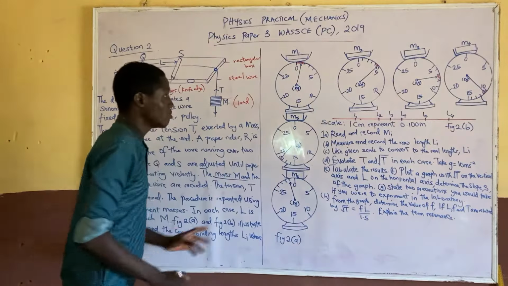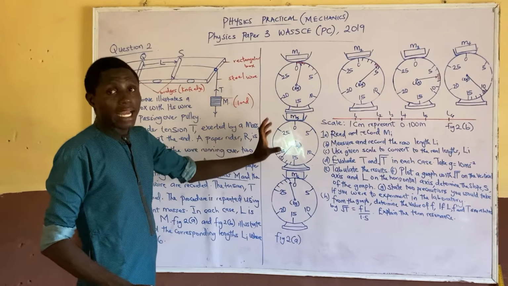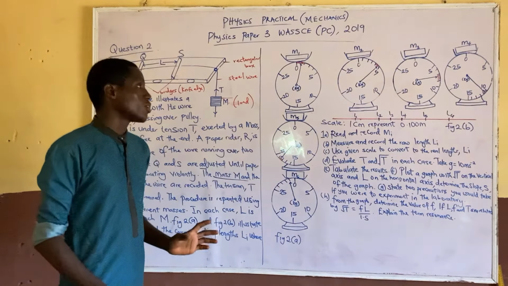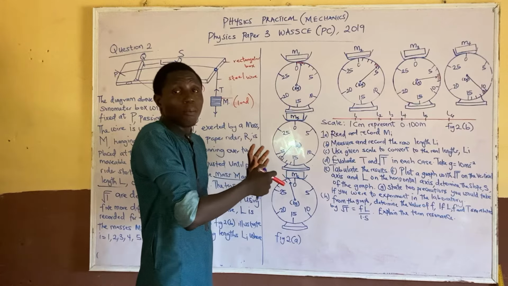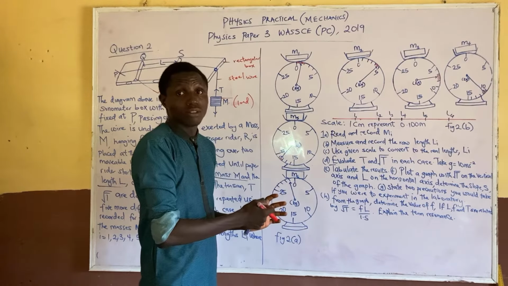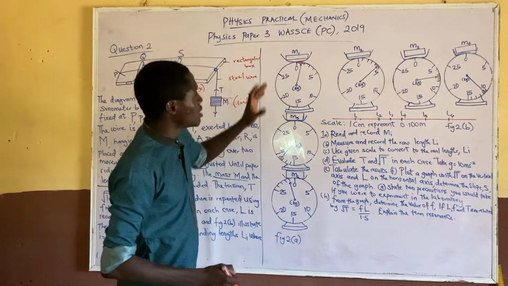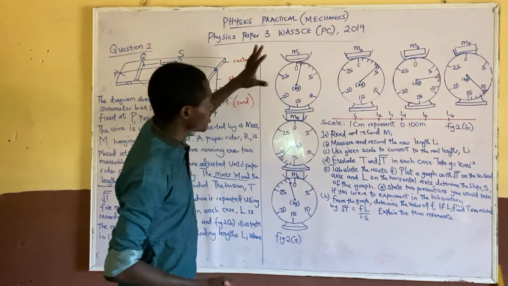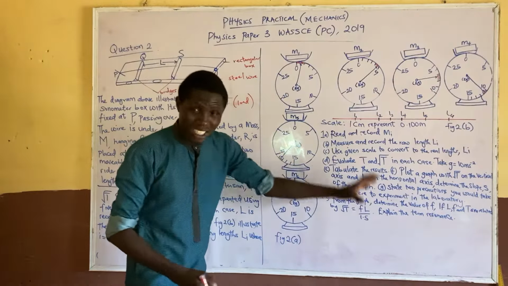In a science practical, we are concerned with the results that were obtained and given in the question. So this is the result obtained from this experiment, given for us to use in order to answer this question.